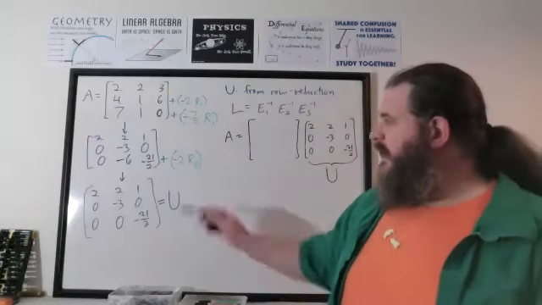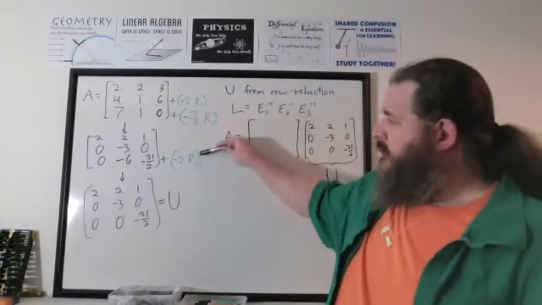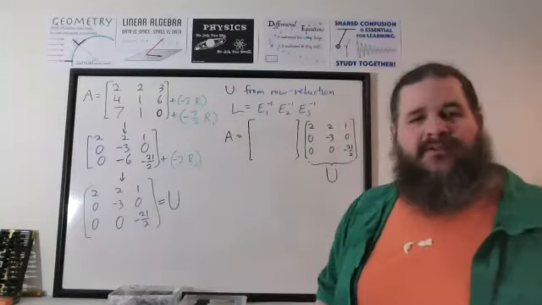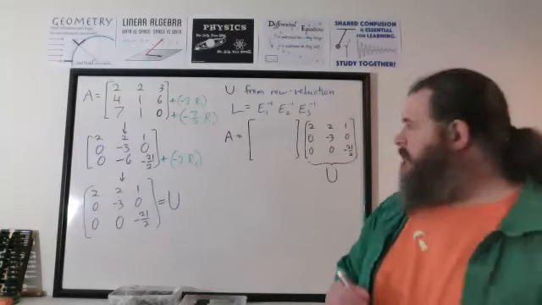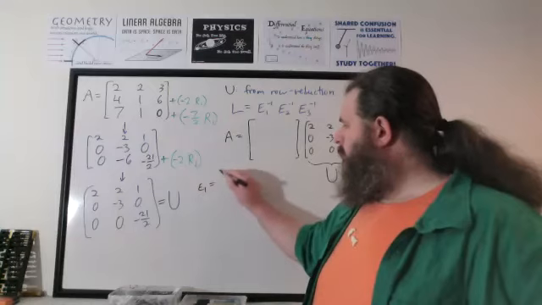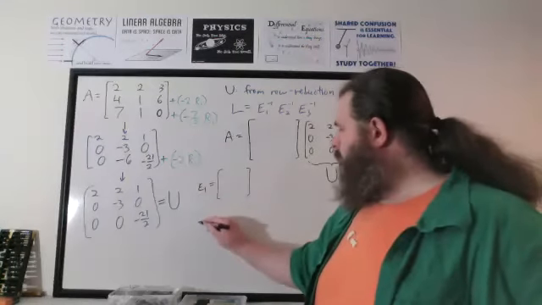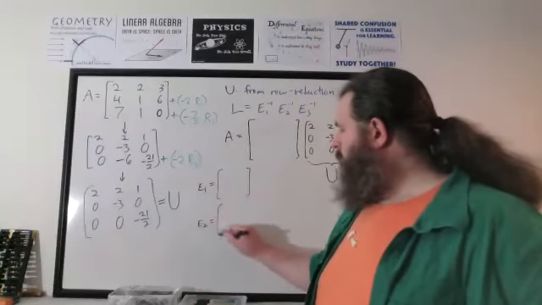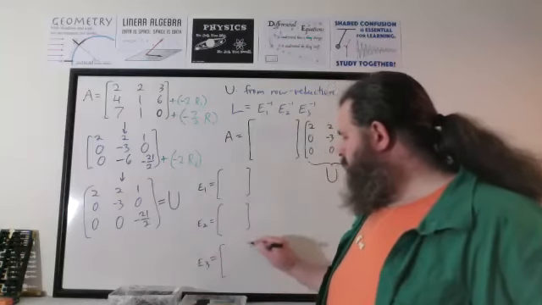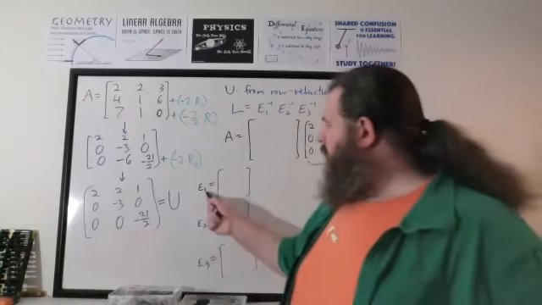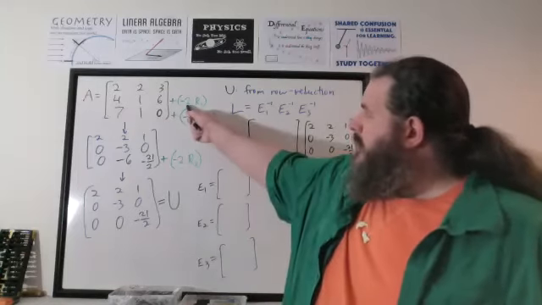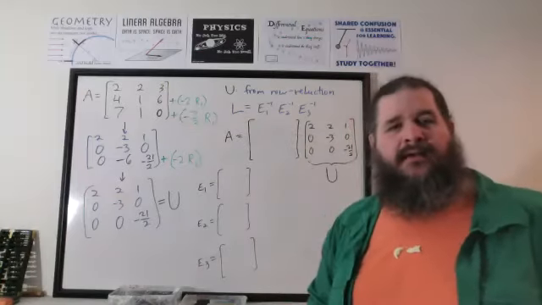And then to find matrix L, we can go back to the steps we took, the 3 row operations, and use those to build matrices E1, E2, E3. So for E1, what's the matrix going to look like if all we want to do is add -2 times row 1 to row 2?